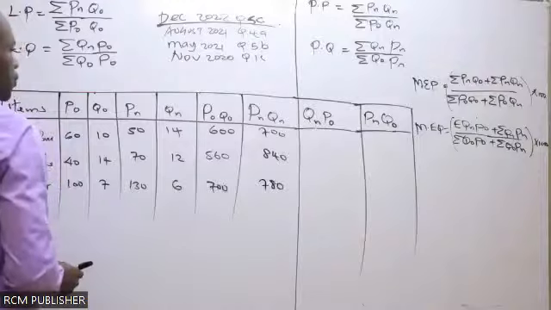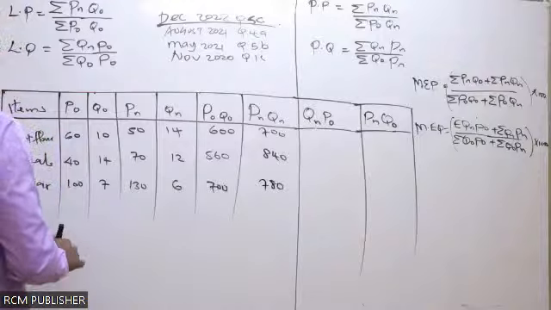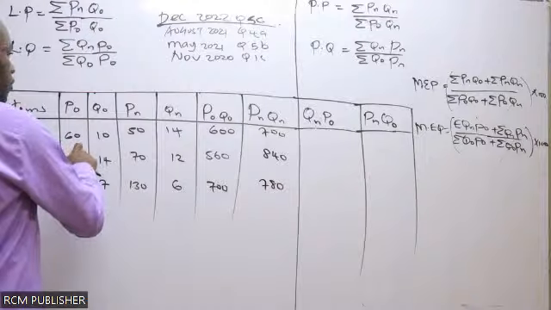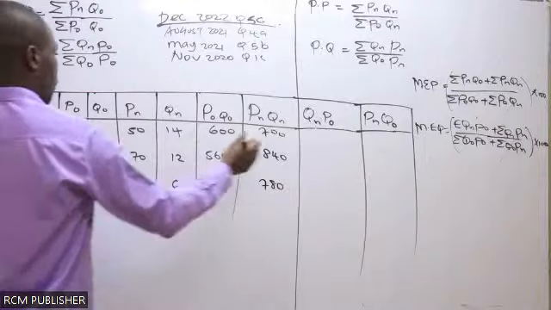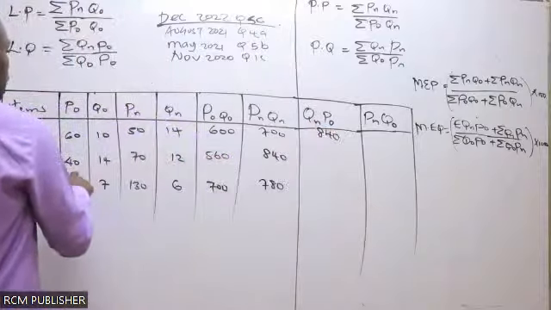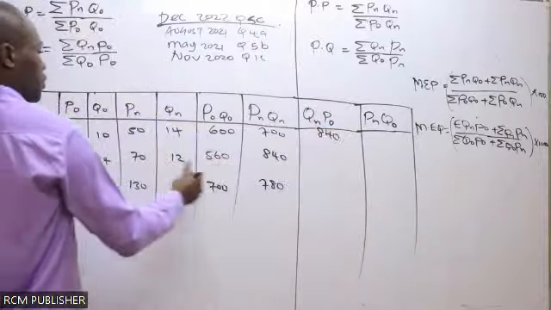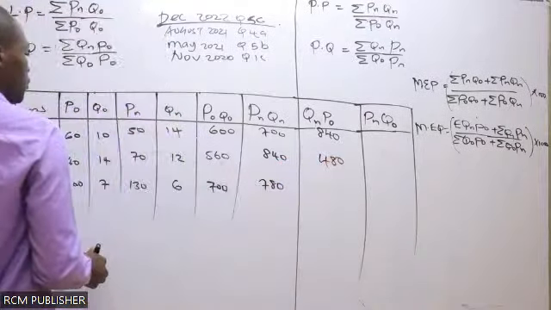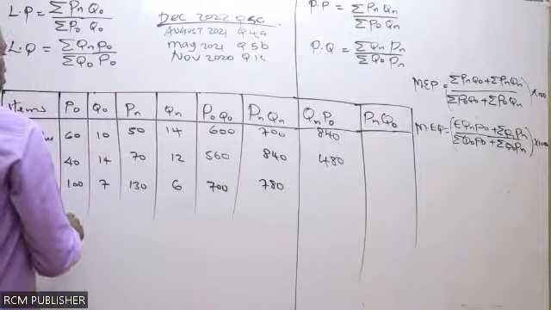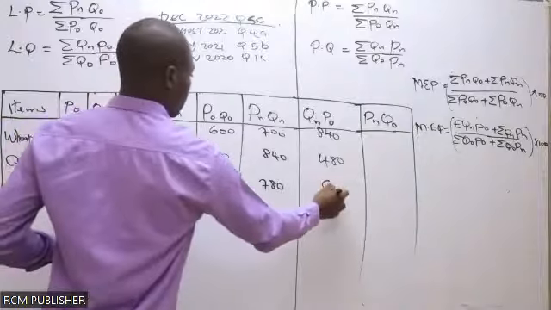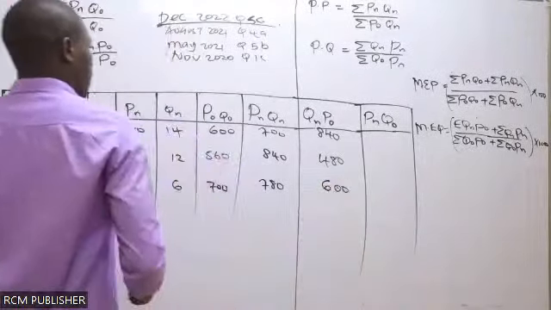Okay, so we now need to use QNPO. That is 60 by 14, 840. And then we have 40 by 12, 480. Then 100 by 6, 600.